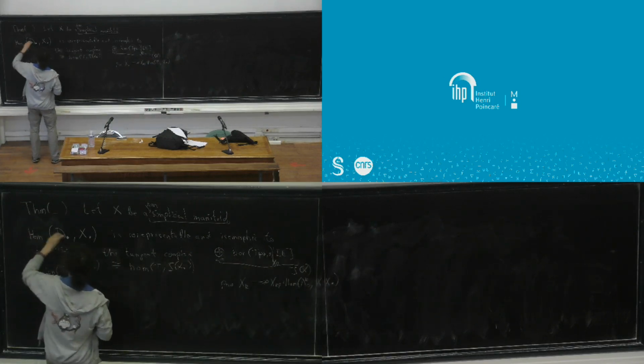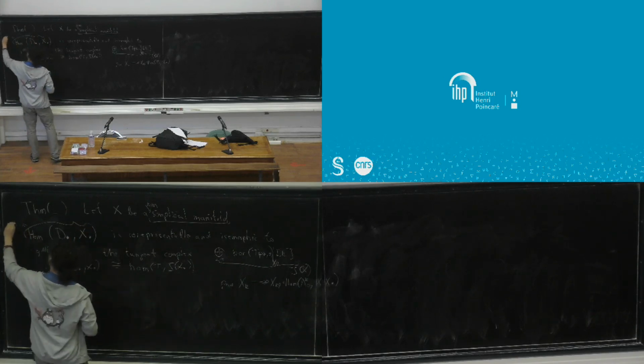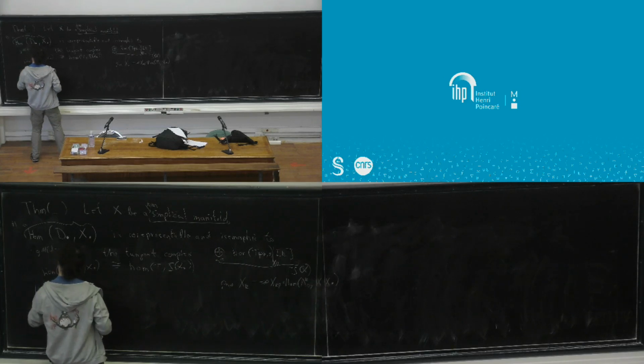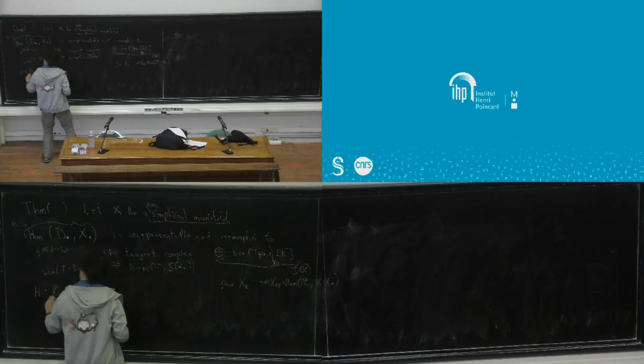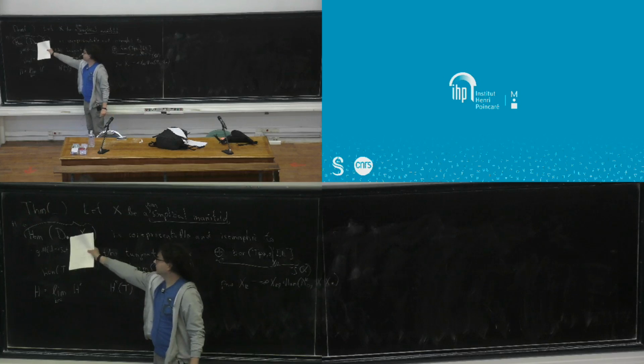So I'm just going to call this thing h, and I'm going to write h as a limit of certain hk's, and hk of t will be basically a part of a morphism in here.